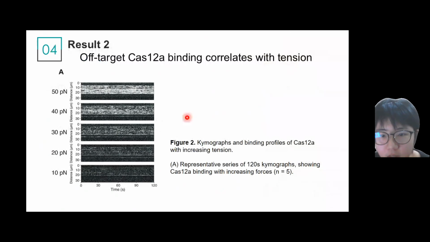Okay, next, they increase the tension from 10 piconewton to 50 piconewton in 120 seconds to observe the binding of the Cas12 protein and the lambda DNA. For the second result, we can see that at higher tension there is more off-target binding, the white is binding.